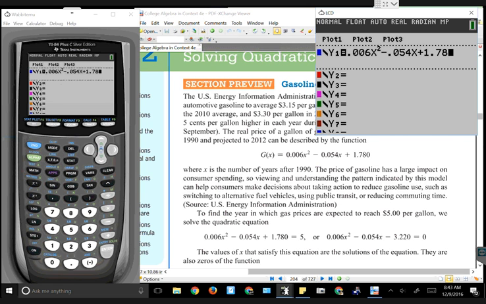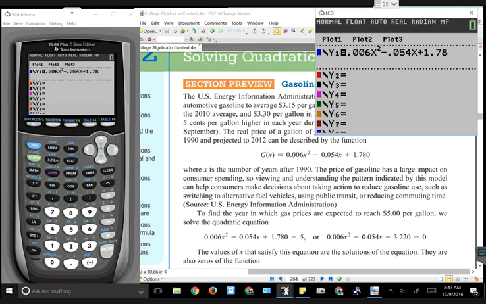Is x something else? Almost always, in problems like this, our domain, our x variables, our input, is always going to be some sort of time. So in this case, we're talking about gas prices per year. So does that mean that we've got gas prices per year coming in? Yeah. Our time is in years.